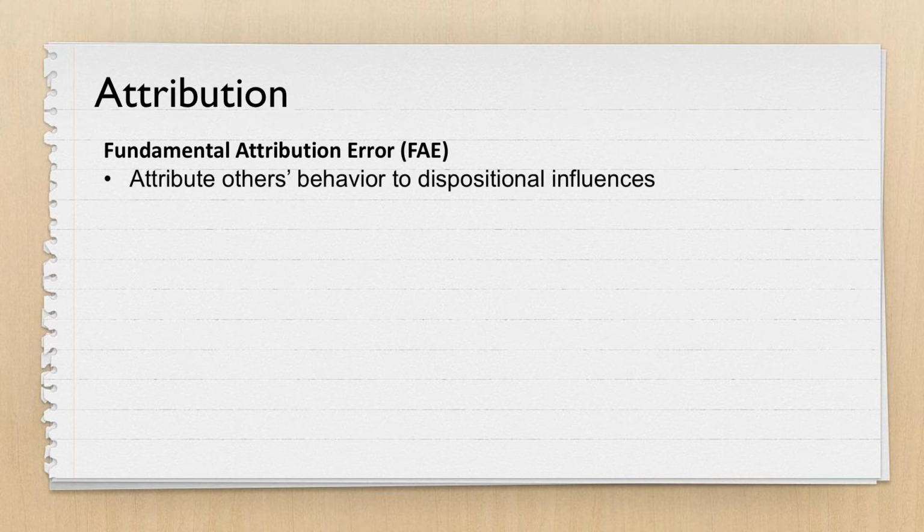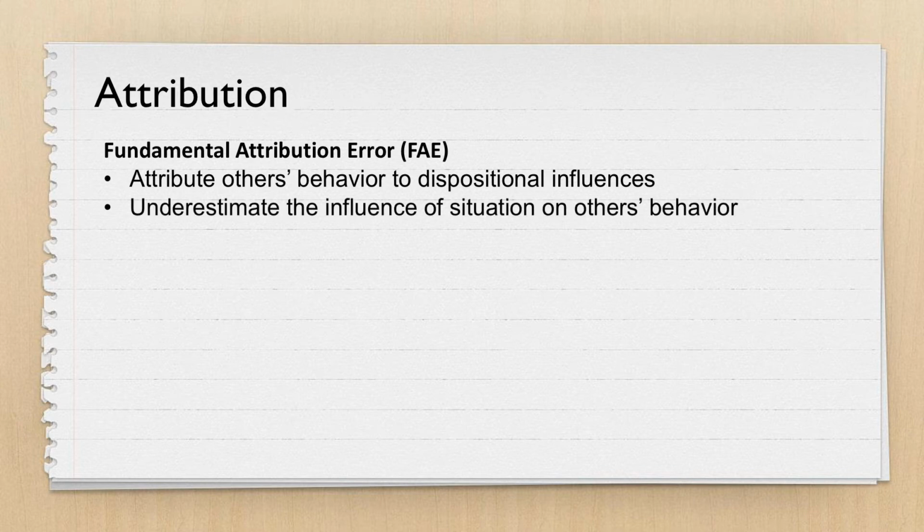This leads us to the fundamental attribution error. According to the fundamental attribution error, we are more likely to attribute other people's behavior to dispositional influences, such as their personality, their intelligence, their attitude, and we tend to underestimate the influence of situation on other people's behavior.